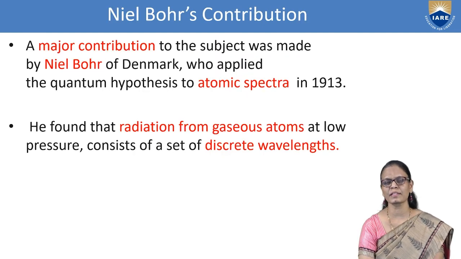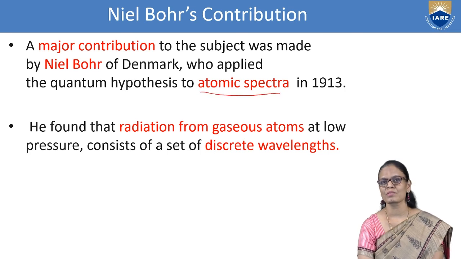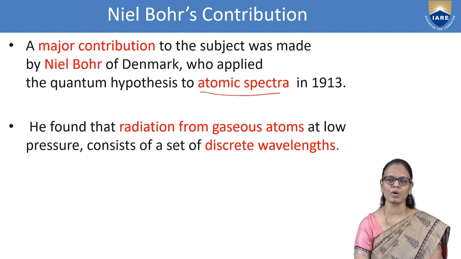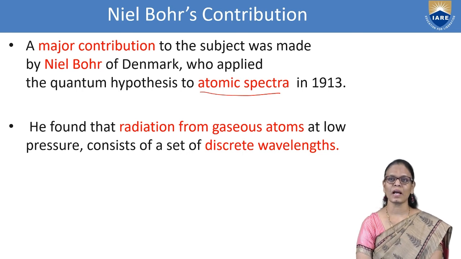Then comes the scientist Niels Bohr. A major contribution was made by Niels Bohr, who applied the quantum hypothesis to atomic spectra. He was studying the structure of the atom and how the electrons, or subatomic particles, move in an atom.